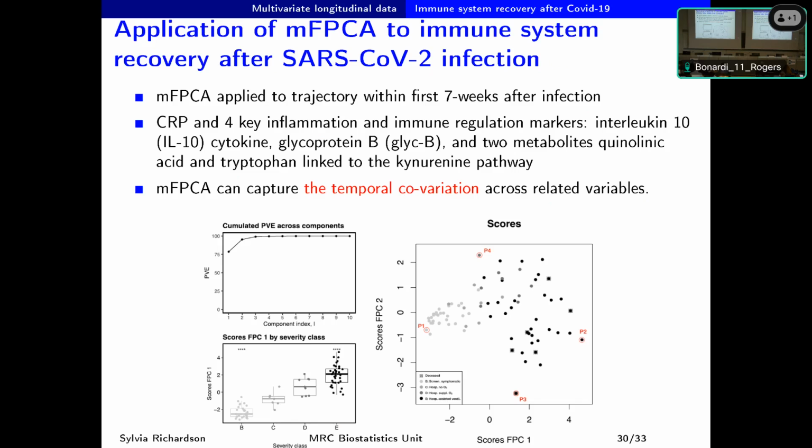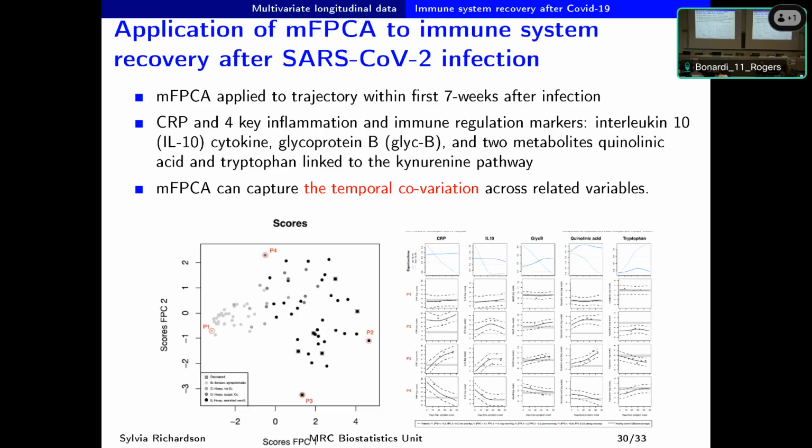And this is the result. On these 5 biomarkers, these are the scores. Again, you can see this looks very similar to the CRP pictures. We have the first functional component, which seems to correspond to severity, and the second one to recovery. I'll show you the actual tracks following the biomarkers.